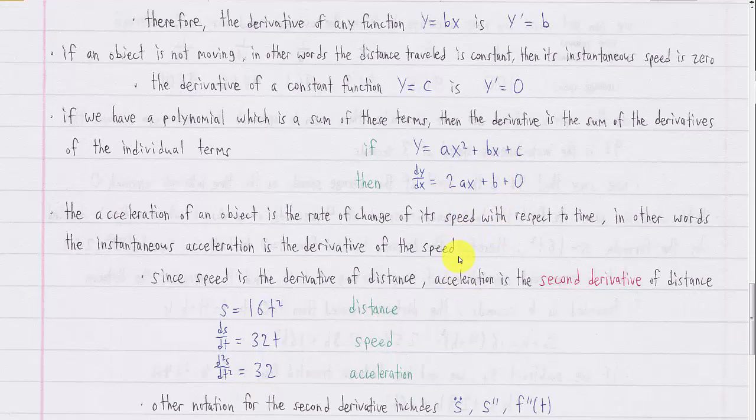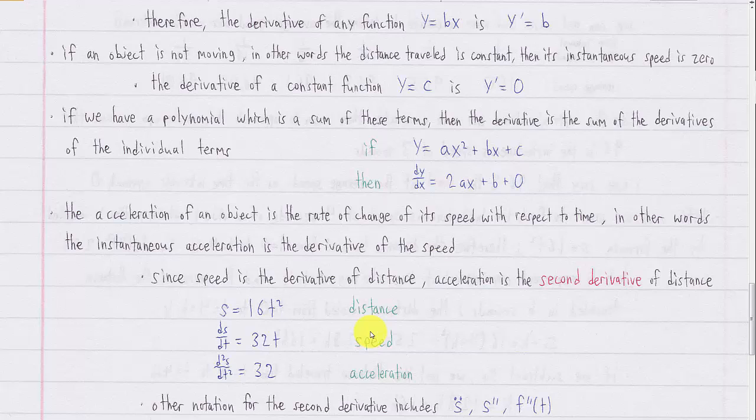So lastly, we're going to look at the concept of the second derivative. If we take the derivative of a function, then why not? We can take the derivative of that derivative, and that's called the second derivative. So going back to distance and speed, if we take the derivative of distance, we get speed.